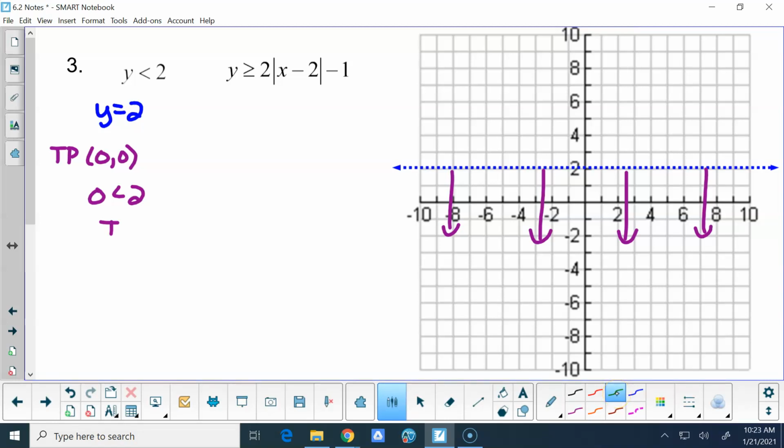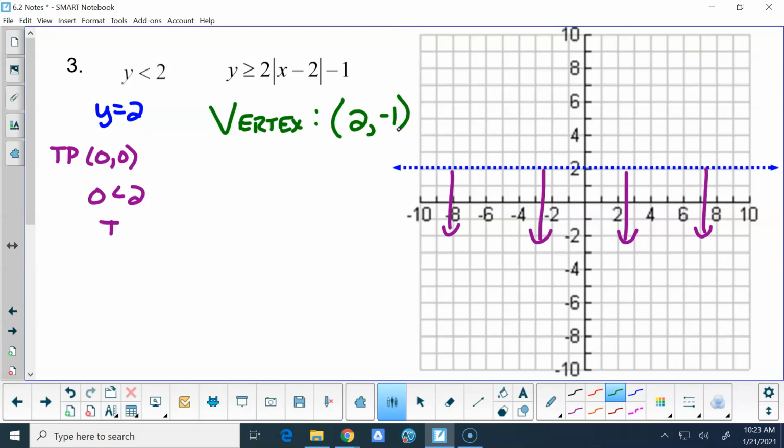Next one, remember, is an absolute value. Absolute values are v-graphs. So the vertex of that graph is going to be at positive 2, comma, negative 1.